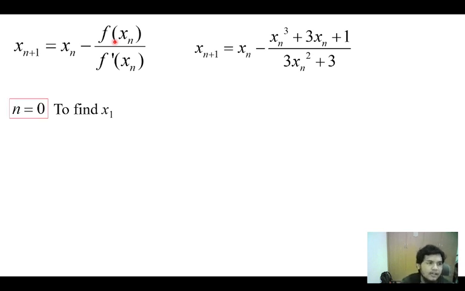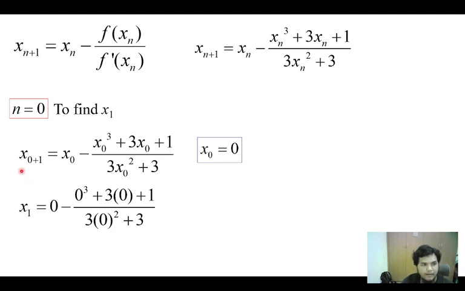So I will replace all the values of x n with 0, our initial value given here. Press the calculator, we get the answer of negative 0.3333.